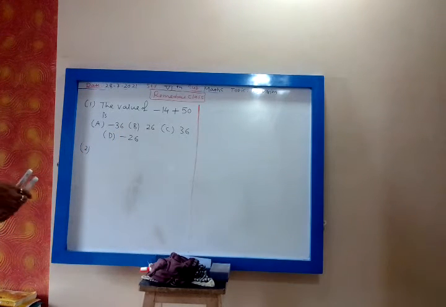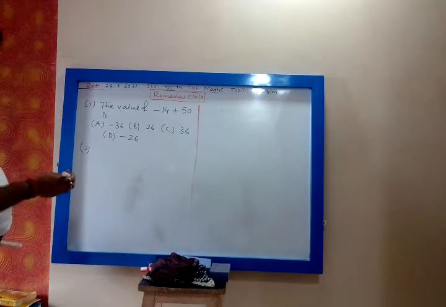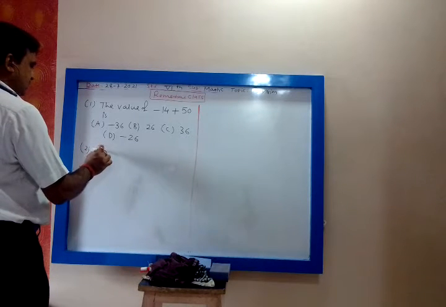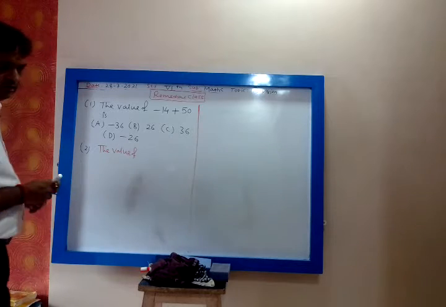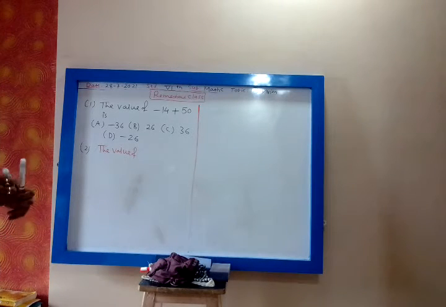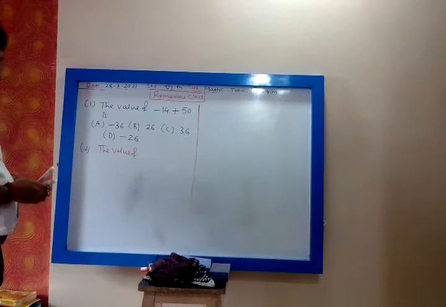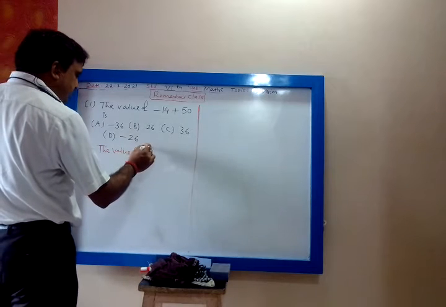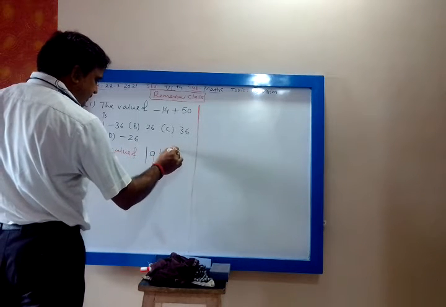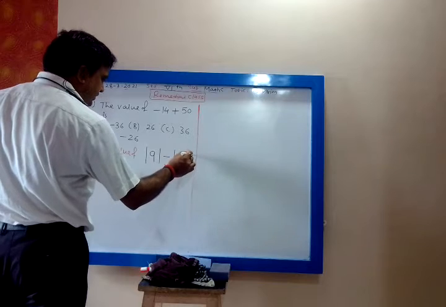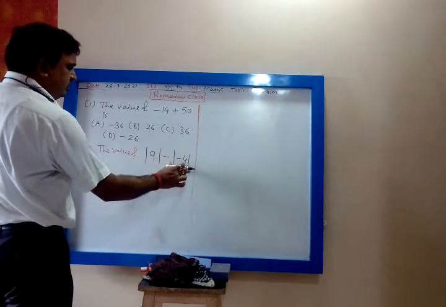Second, we'll discuss that. First you solve. The value of minus 9 minus 4, absolute value. This is known as vertical bracket, the absolute value bracket.